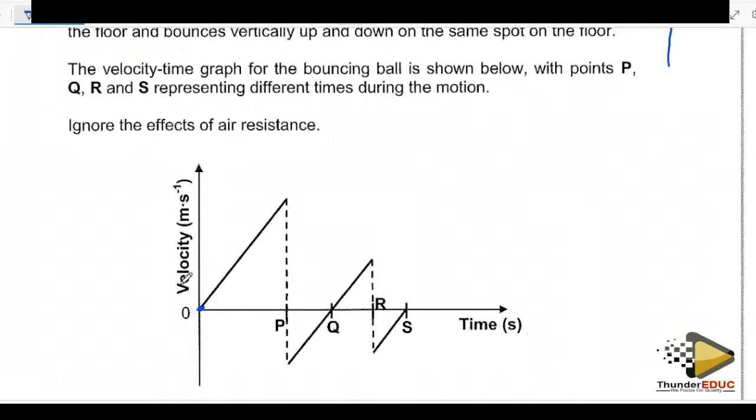When it is dropped, it is moving, and then reaches the floor. Then it starts to move up, and at this point, it's probably reaching maximum, because you can see that the velocity is 0 at Q. So that's the point where the ball reaches its maximum and then drops down, and then at point R, and so on and so forth.